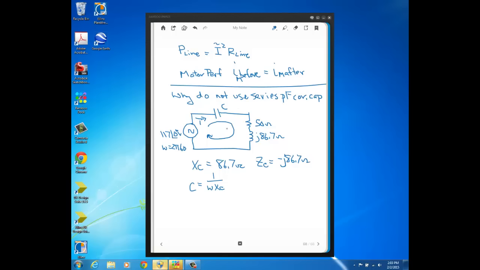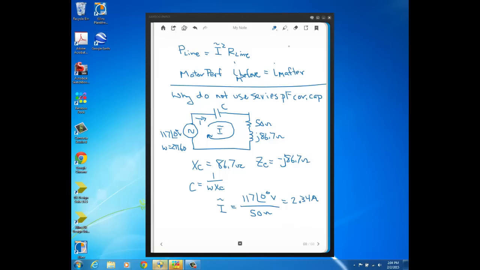Well, look, that I is going to be equal to the source voltage of 117 divided by 50 ohms, just the resistance. So now look at your current. Your current's going to be more than 2 amps. In this case, 2.34 amps.